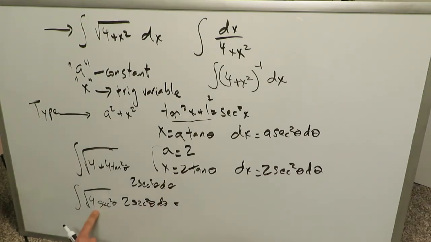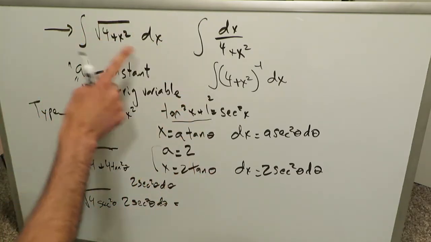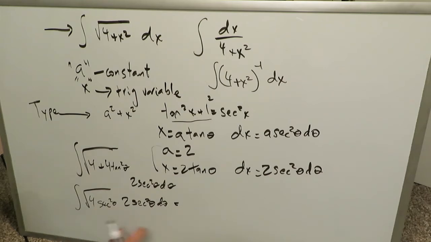When you solve this part right here, the square root of 4 secant squared theta, which is why you're always dealing here with perfect roots in some form, perfect powers or perfect roots, the square root of this will become 2 secant theta. 2 secant theta will multiply with all of this, and you'll get 4 secant cubed theta d theta, and then this right here will go down the integration procedure.